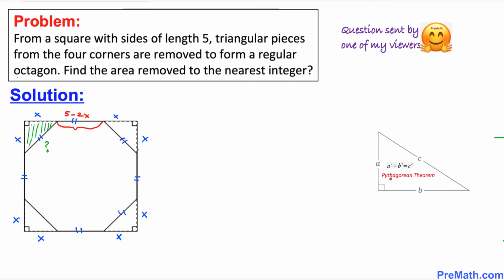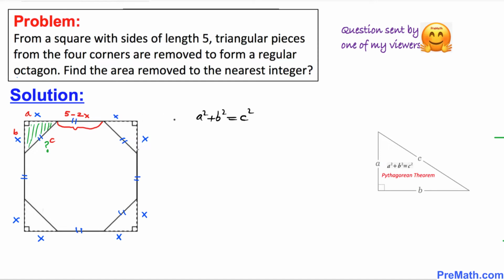In this right triangle, I'm going to call this side A, this side B, and this side C. We are going to find the value of C.